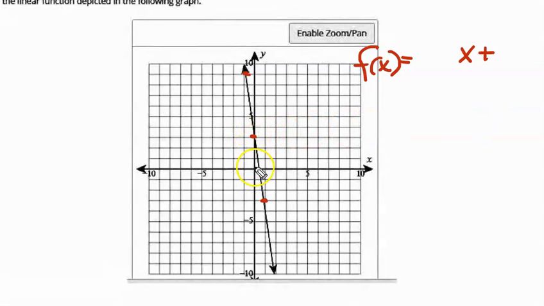Well, it looks like our y-intercept is at 0,3, so our b value here will be a 3. We've put the x there. Now we have to figure out the slope. And generally, is the slope going to be negative or positive? Well, it's going high, and then as it goes to the right, goes down. So it's negative.